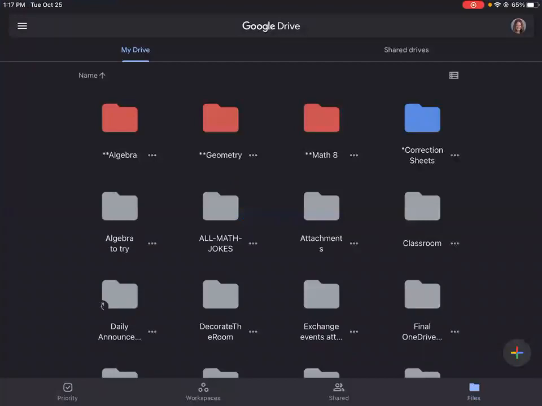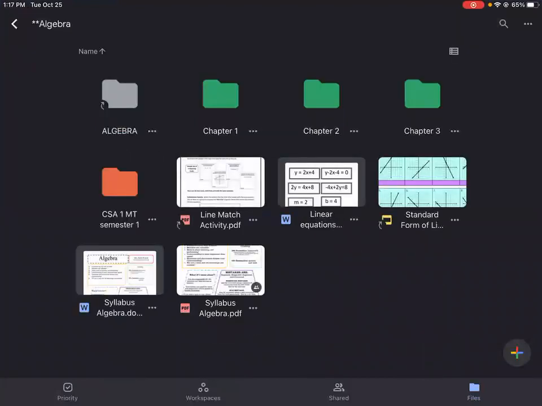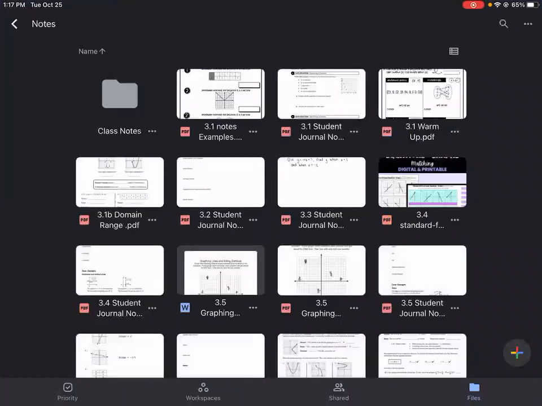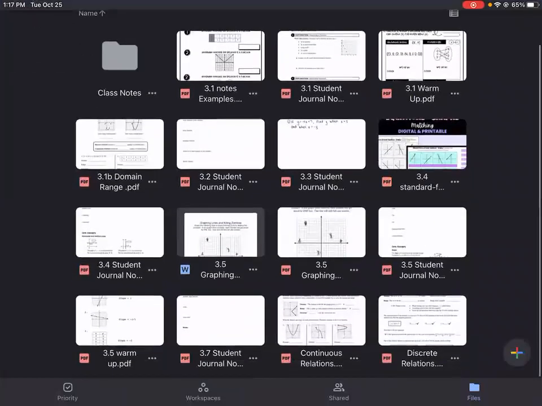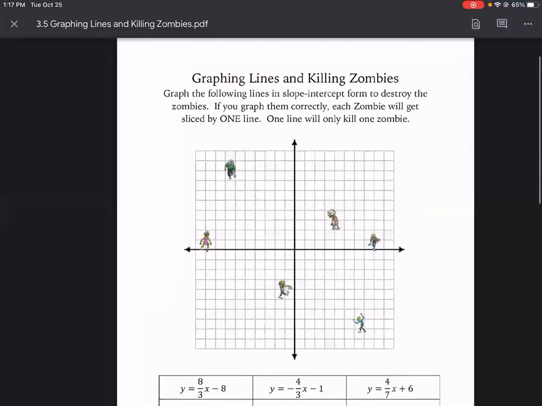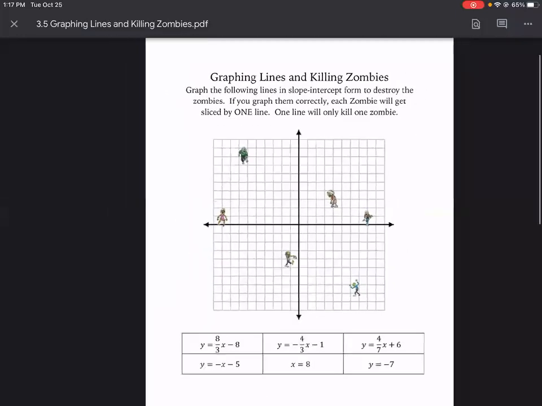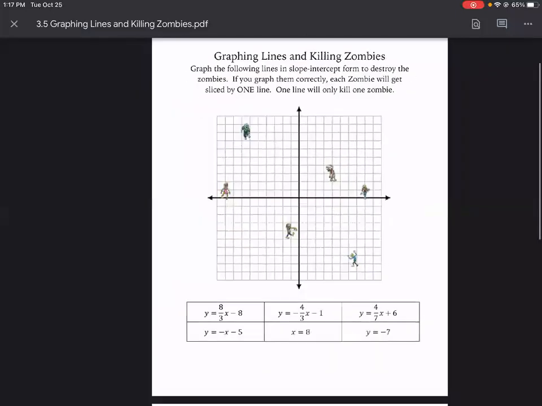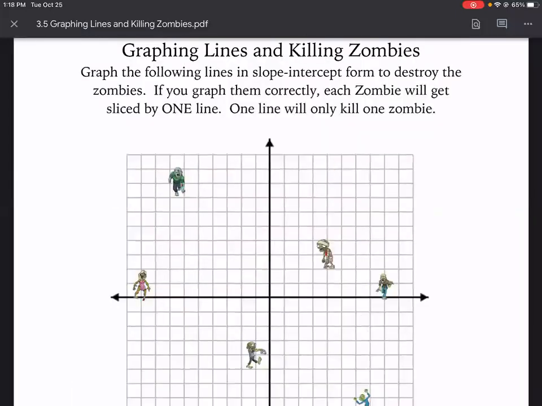I'm gonna give you a piece of paper and it's going to look like this. Now, those of you who watch zombie shows or know things about zombies, we can only slice them how many times?